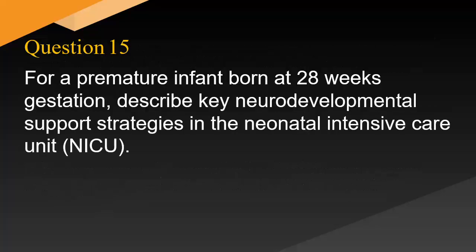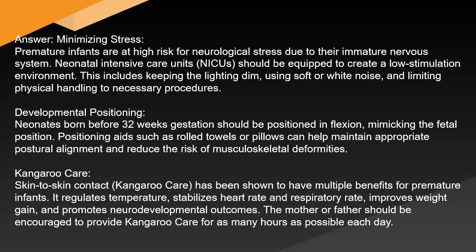For a premature infant born at 28 weeks gestation, describe key neurodevelopmental support strategies in the Neonatal Intensive Care Unit (NICU). Answer: minimizing stress. Premature infants are at high risk for neurological stress due to their immature nervous system. Neonatal Intensive Care Units (NICUs) should be equipped to create a low stimulation environment.